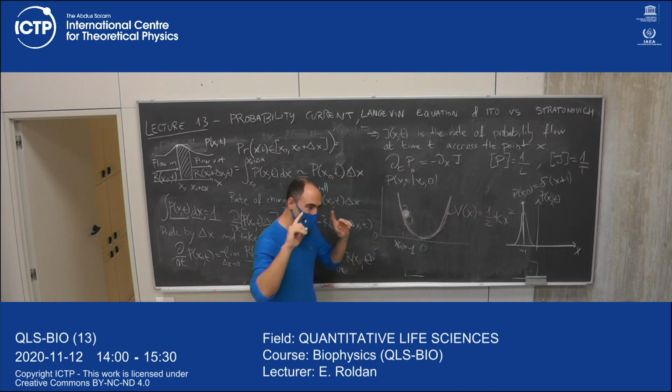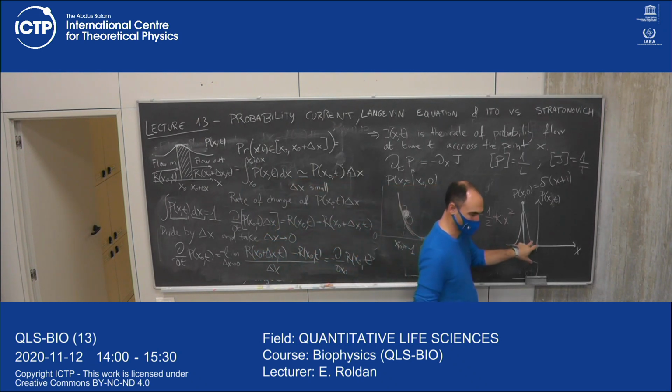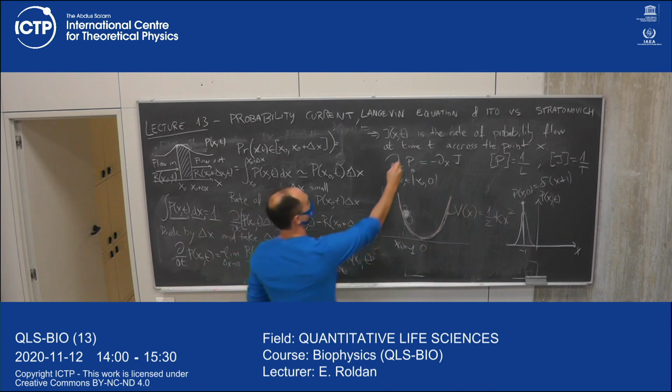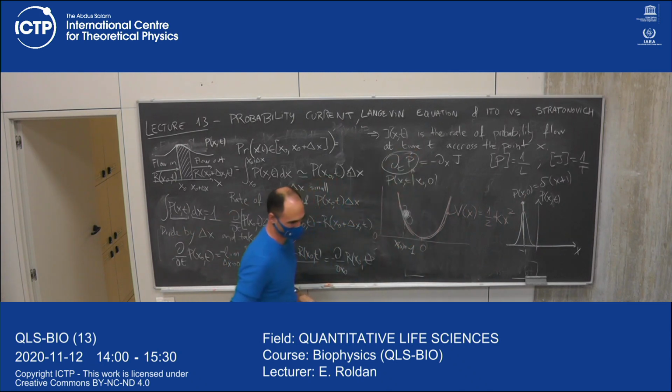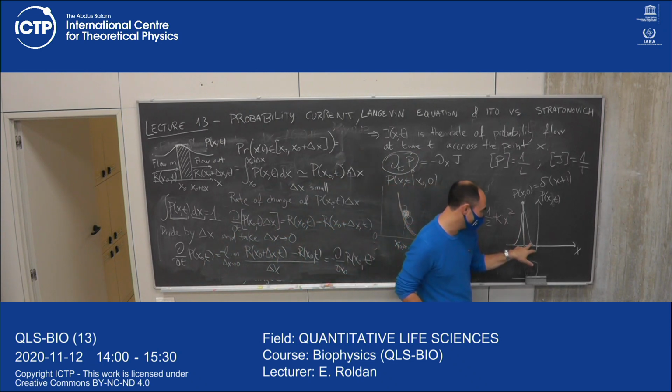You have to think about an ensemble. The ensemble of particles will have this distribution. So P of x and t is changing. There is a change in time of the distribution, but it is also changing in x, because before there was nothing at this point, but now there are.